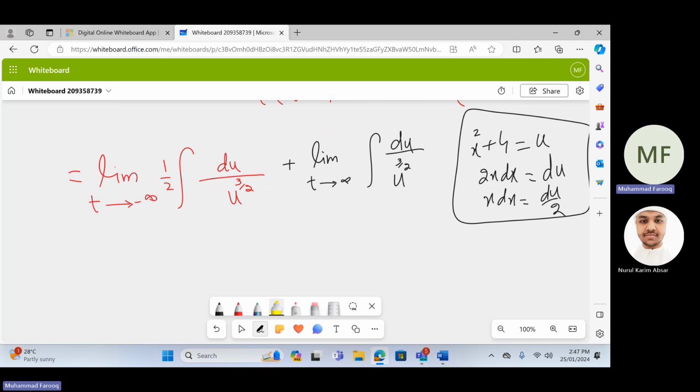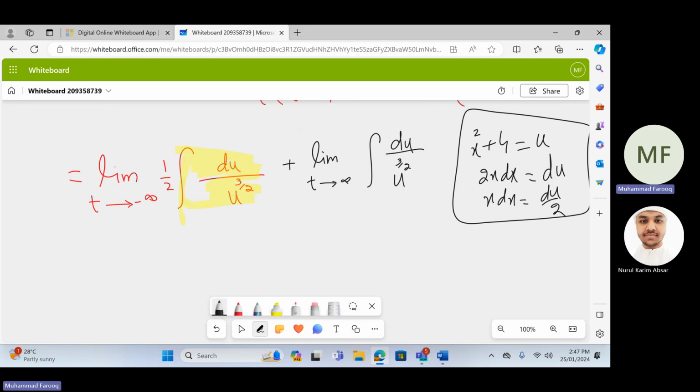Negative half means 2 over, because you have to take it down. So the integration of this, you can make the 2 over outside.